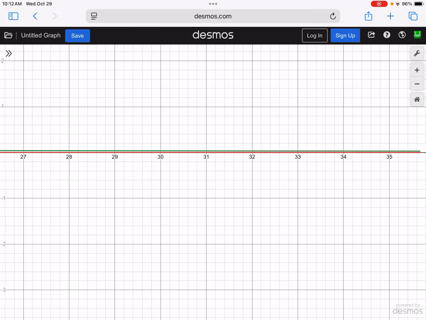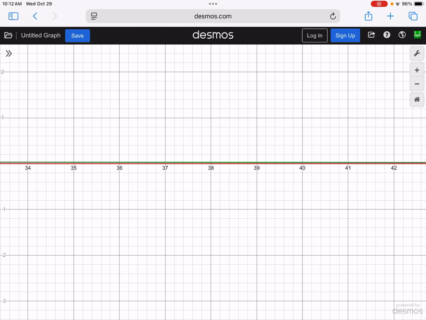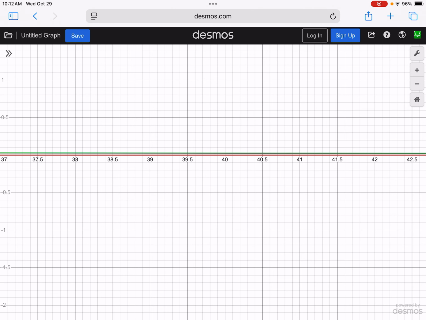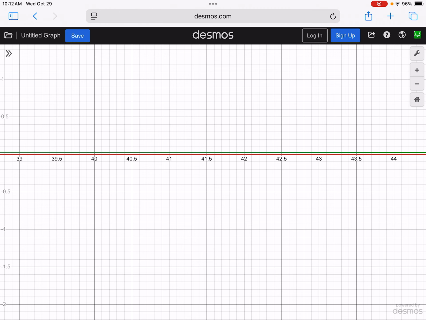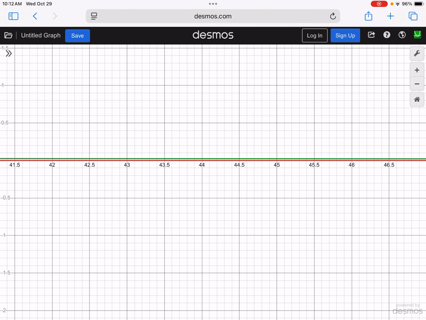If you go all the way to the right, the green is for the function, and the red is our horizontal line y equals 0. It doesn't matter how far you go, the function never crosses our horizontal line. Our x goes to positive infinity.